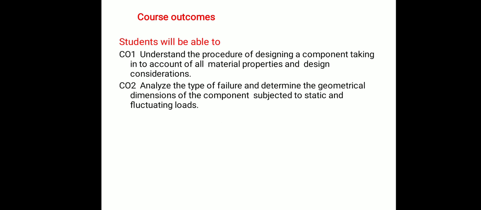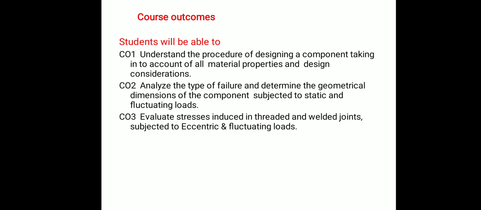Through unit 2, he can analyze the type of failure and determine the geometrical dimensions against different types of loading conditions like static and fluctuating loading. Through unit 3, he can evaluate the stresses induced in welded joints as well as in threaded joints subjected to different types of loadings, whether eccentric loading or fluctuating loading.